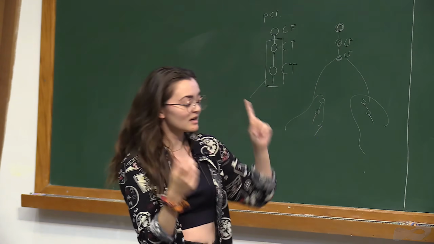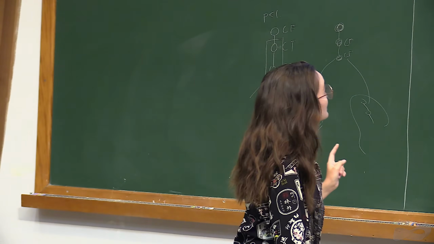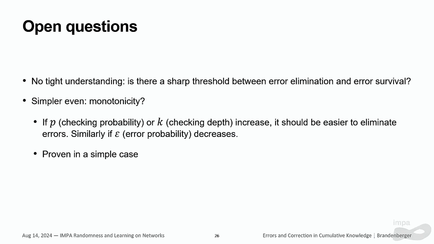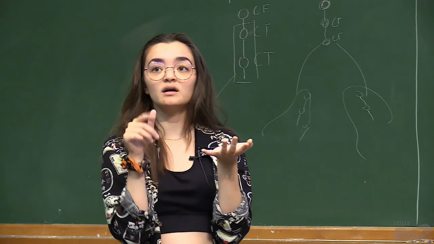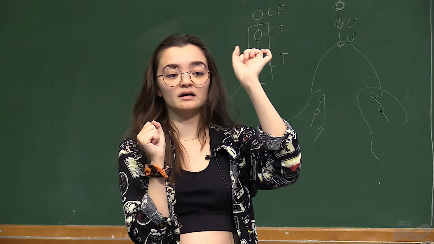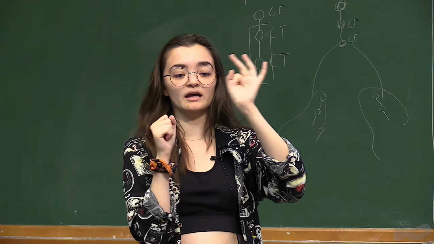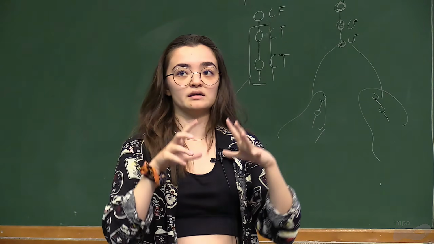And this we don't have, except for a really simple setting: you have just the tree, so m is equal to 1, and you start with one false node, and everything else is true.